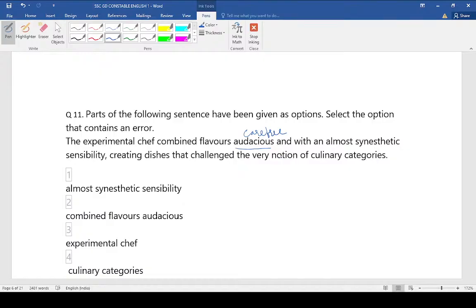Here, audacious means recklessness, carefree or fearless, very courageous and brave. All these meanings we can take. So here, given, select the option that contains an error. So we have to find out what will be the error in this.